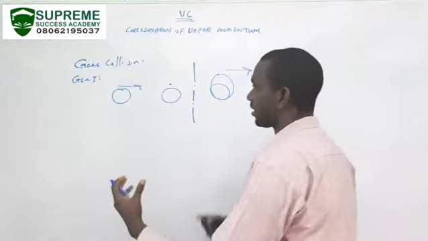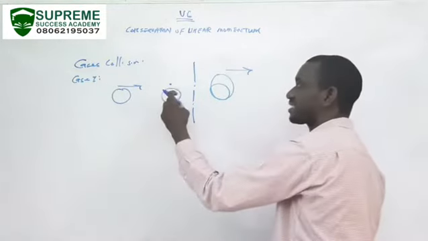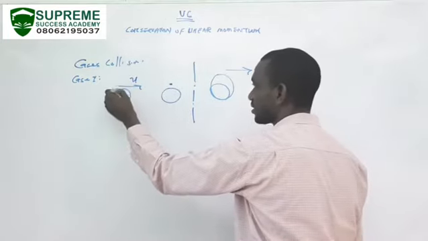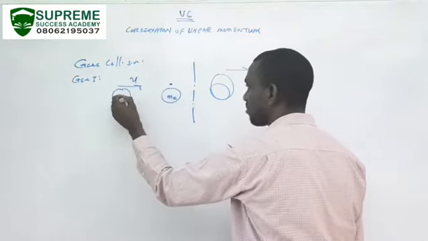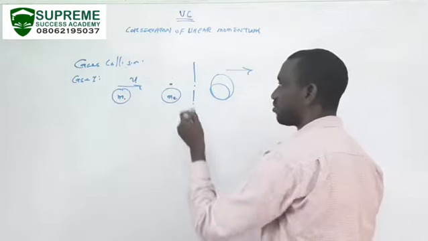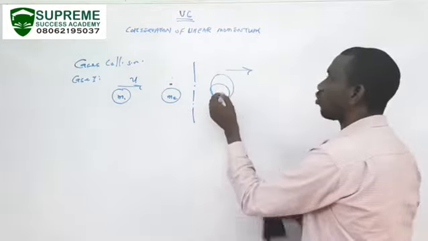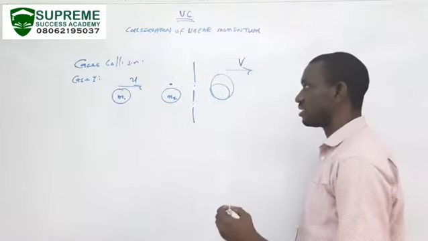What do we have in this case? An object is moving, collides against a stationary object. So this one has initial velocity u1 and mass m1, then the other has mass m2. Velocity here is 0 because it is at rest. Then the two of them collide together, they move with a common velocity.